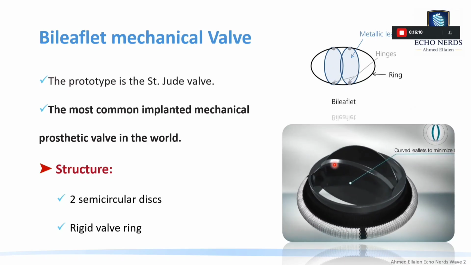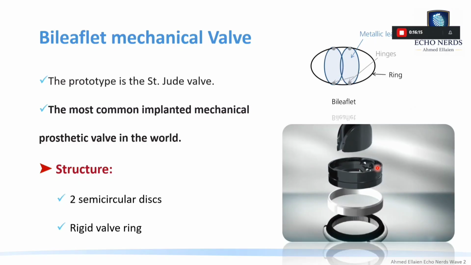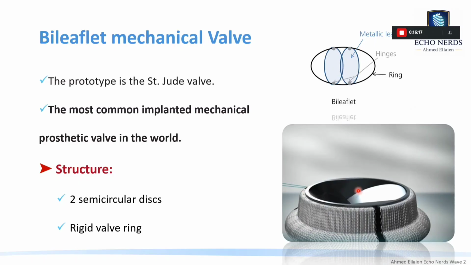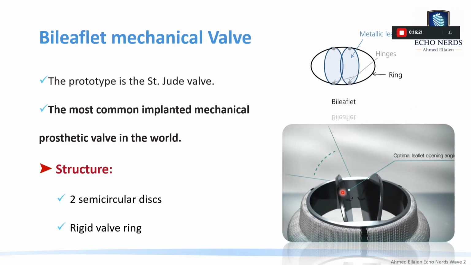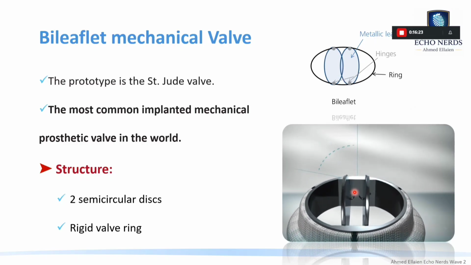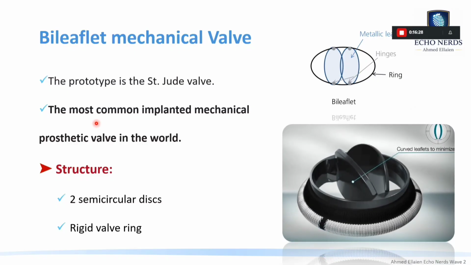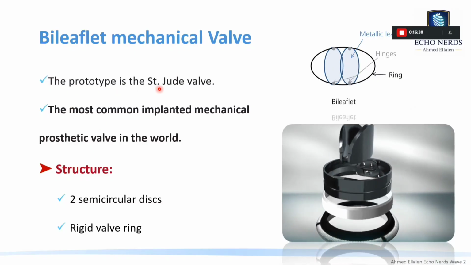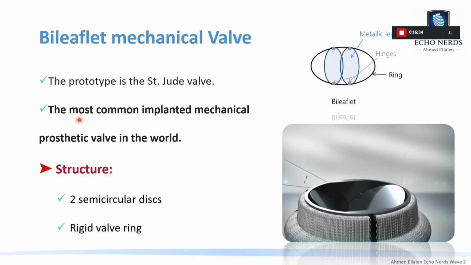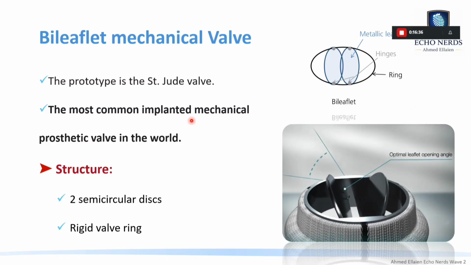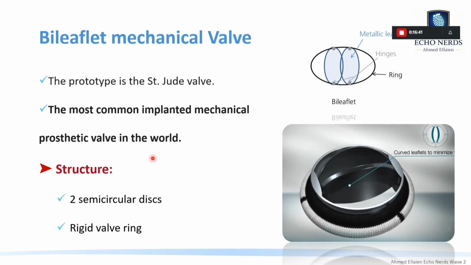Those discs open in an upright position and close in a horizontal position, moving like two tilting semicircular discs during systole and diastole. The prototype of those mechanical valves is the St. Jude valve, and those mechanical bileaflet valves are the most commonly implanted mechanical prostheses all over the world.